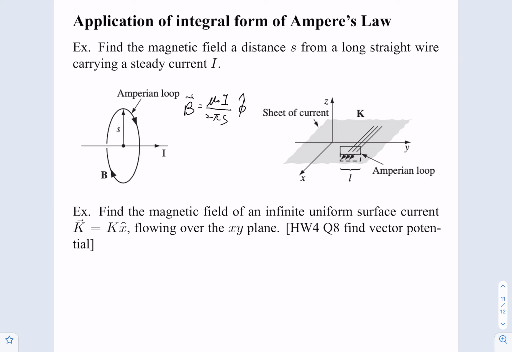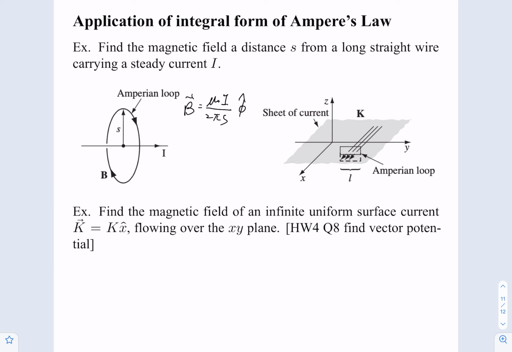For this first case, it's a bit easy because we know the right-hand rule. For a current going to the right, the magnetic field direction simply follows the direction of the four fingers, so it must be along the phi direction.